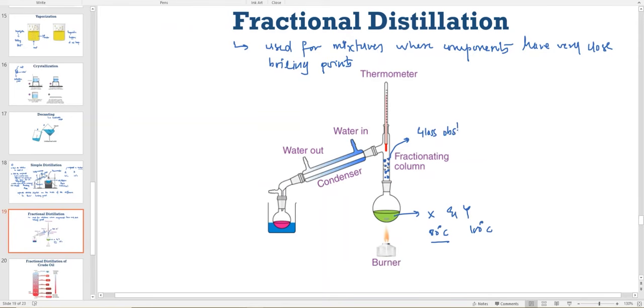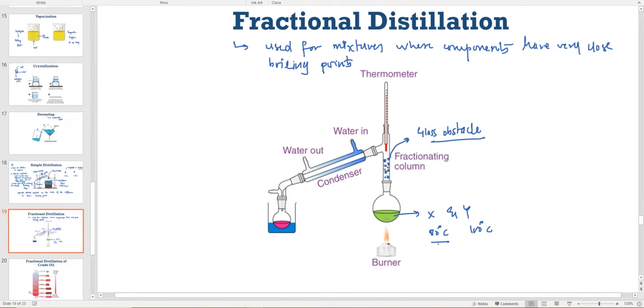They are used to hinder the movement of molecules such that the molecules which do not have enough energy get back into the boiling flask or distillation flask.